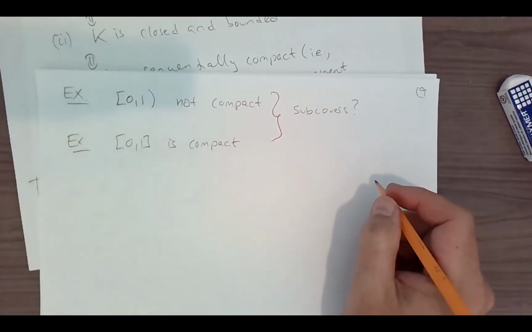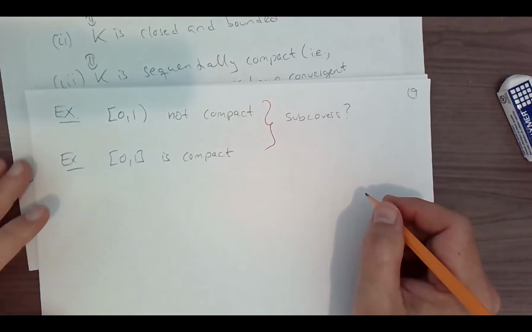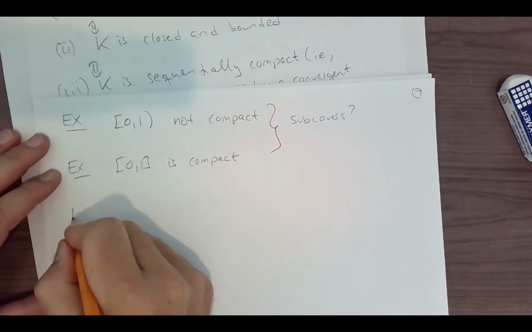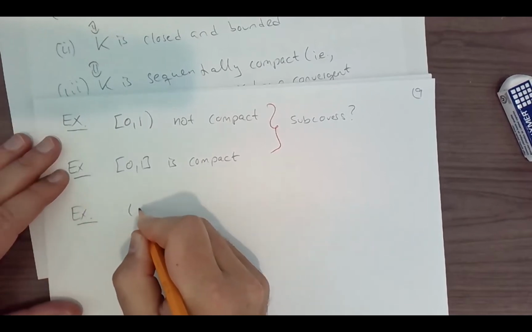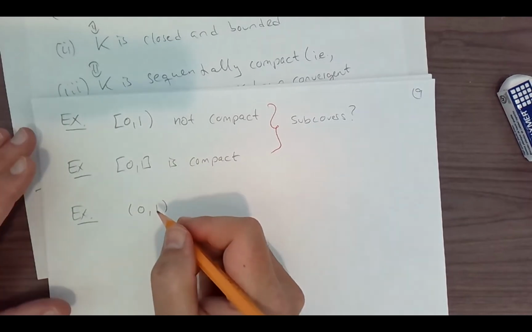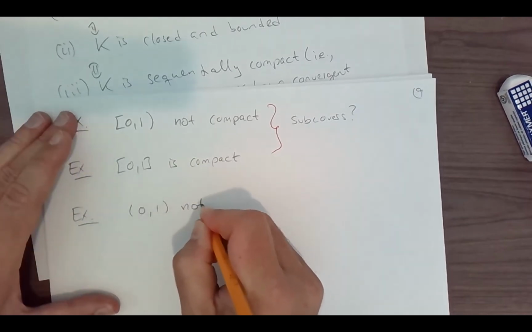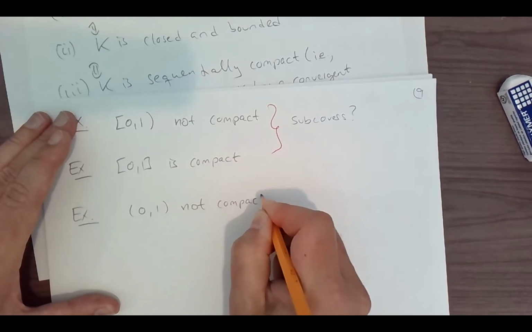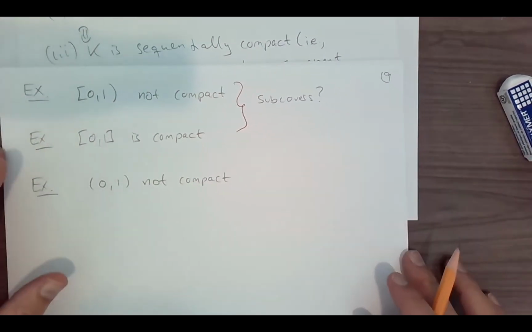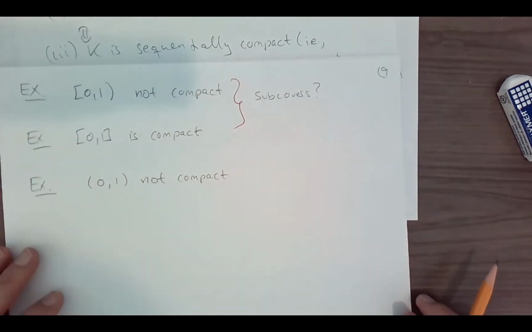And how would that be? Well, if I take a set like 0 to 1, open, so this is not compact. So if it's not compact, then it means that there is a cover.